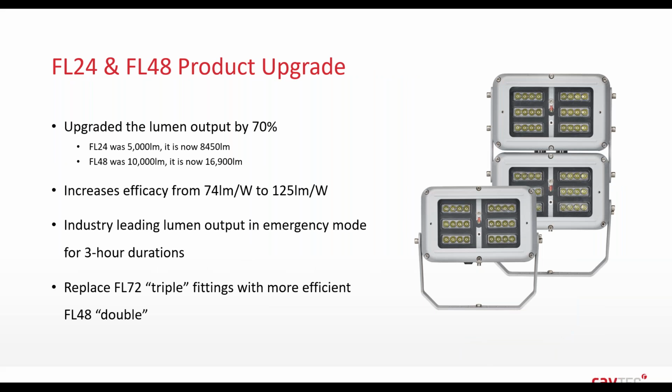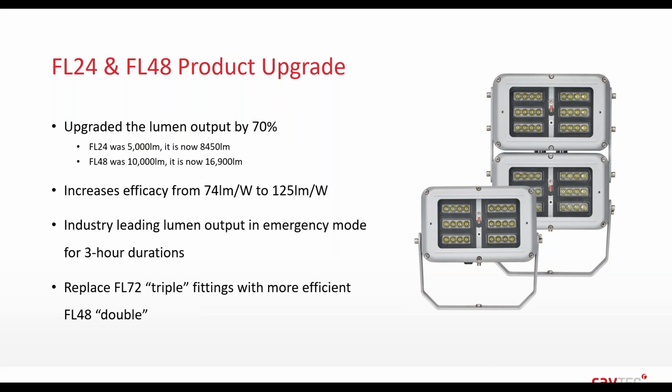So we're now going to take a look at the upgrades to the FL24 and FL48 products. So we have updated the lumen output package to increase light output by 70%, and taking Zone 1 as an example, the FL24 did have a lumen output of 5,000 lumens, but now has been upgraded to 8,450 lumens.